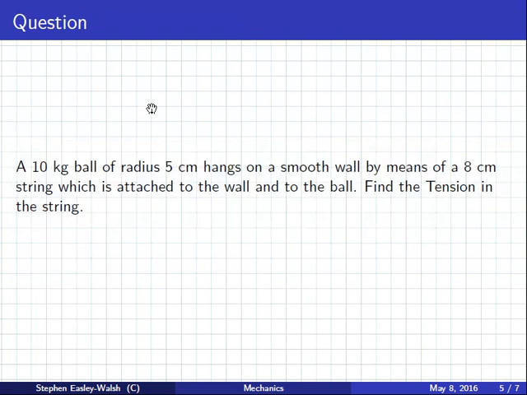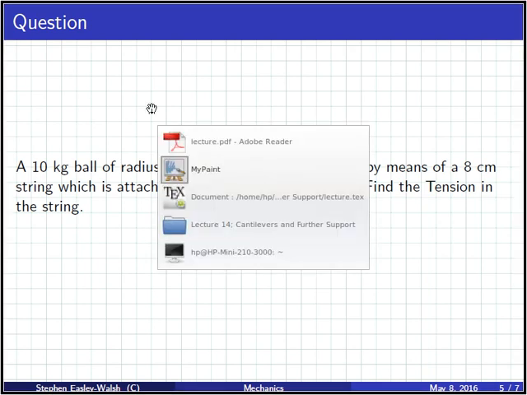Okay, let's see. A 10 kilogram ball of radius 5 centimeters hangs on a wall by means of an 8 centimeter string. So I'll draw this for you. So you have the wall here. You have the ball here.